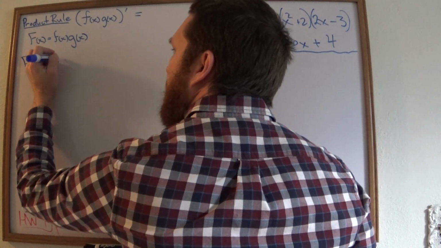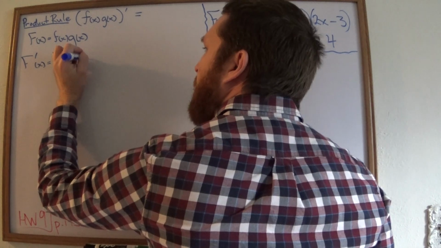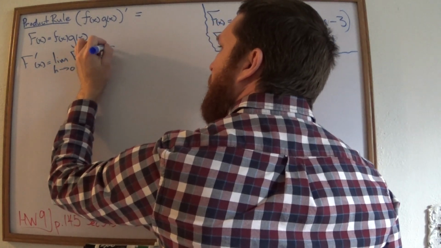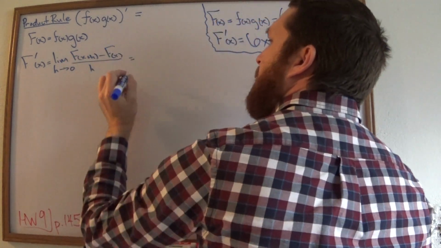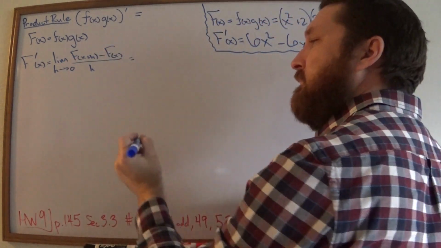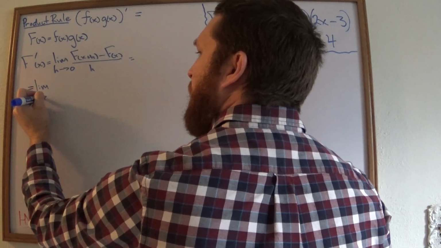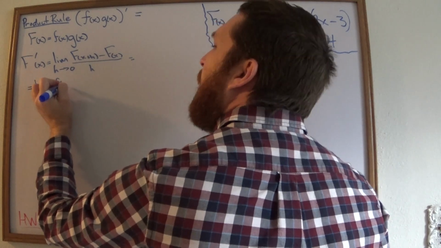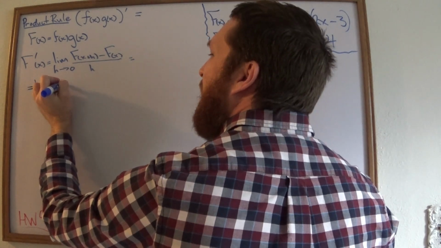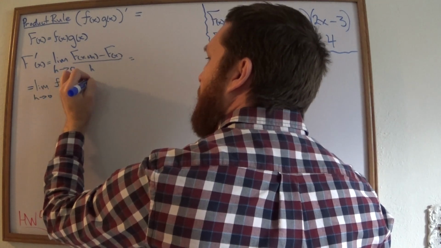Well, that's the limit as h goes to 0 of F of x plus h minus F of x all over h, which is the same thing as, you tell me what to write. What would it be? Limit as h goes to 0 of f of x plus h times g of x plus h.